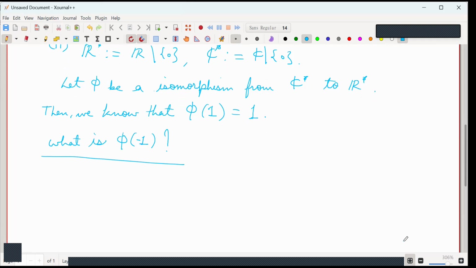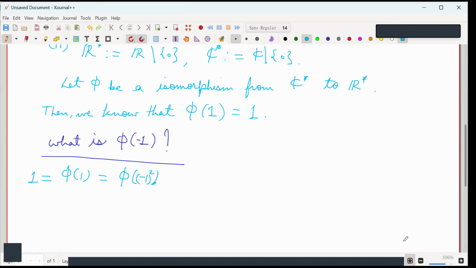So let me first, since it's a question, let me just color it with some other color. So now 1 is equal to phi of 1, that we know, and this one is minus 1 times, or simply I can write minus 1 square, right?